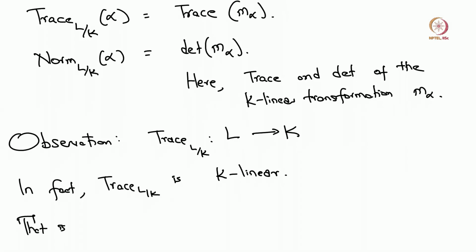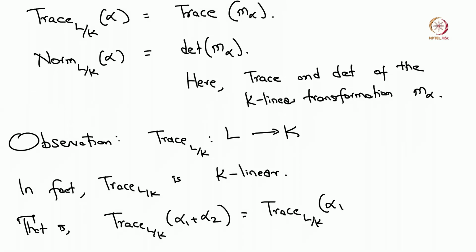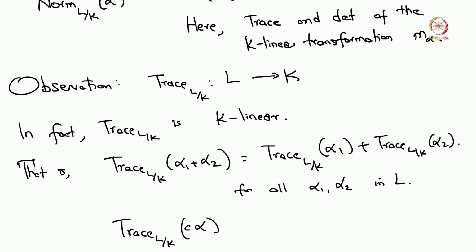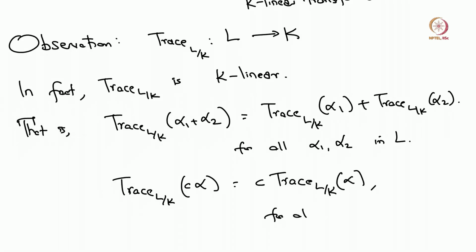That is, if you give me two elements alpha 1 and alpha 2 and I take its trace, that's the same as taking the trace of alpha 1 and taking the trace of alpha 2 separately and adding them up, for any two alpha 1 and alpha 2 in L. And if you give me an alpha in L and if you give me a scalar in K and you multiply them out, take the trace, that's the same thing as first taking the trace and then multiplying with the scalar. So for all c in K and alpha in L.